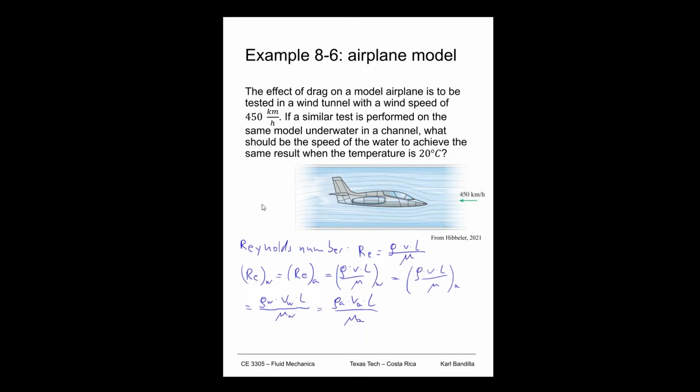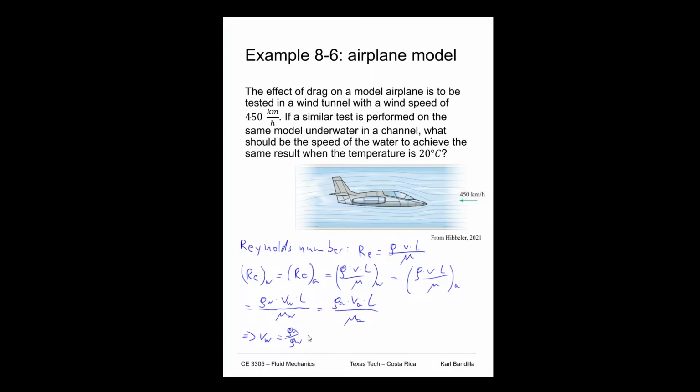All the densities and viscosities we can look up, because we're given that we're at 20 degrees centigrade. That means we can solve this for the velocity in the water. We divide by rho water, so we have rho air over rho water.